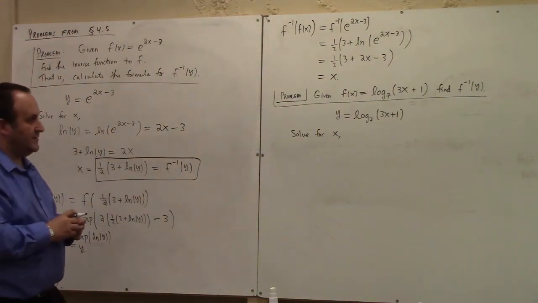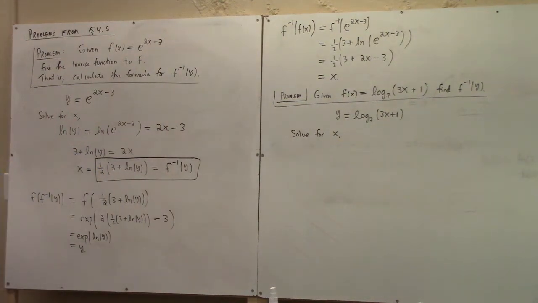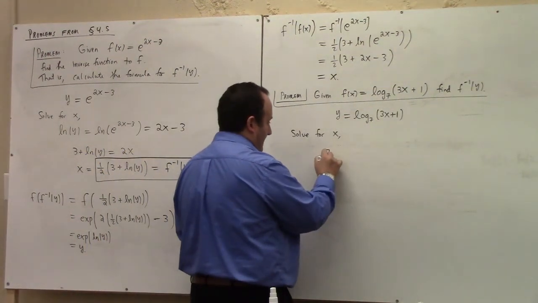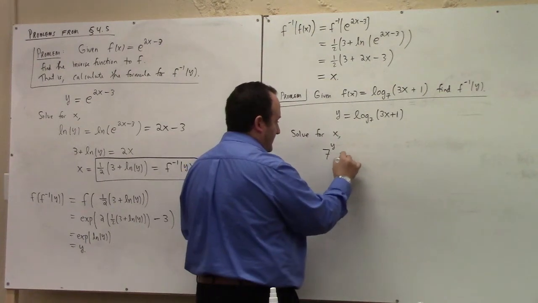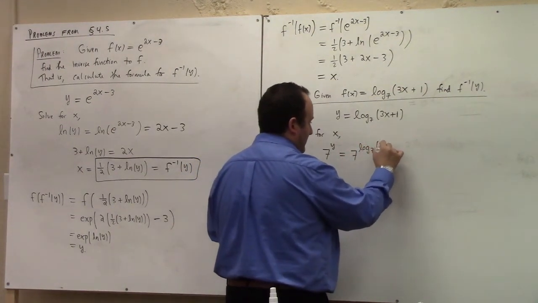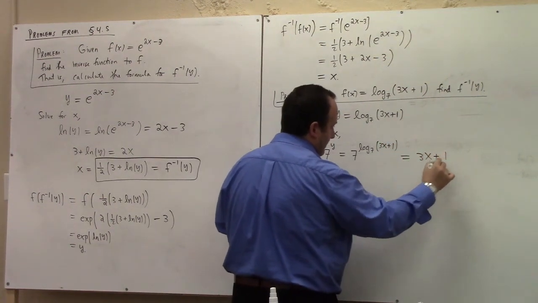How do we get rid of that log base 7? What do we do? Raise it to the 7 power, right? So 7 to the y is equal to 7 to the log base 7 of 3x plus 1, which of course simplifies to just 3x plus 1.